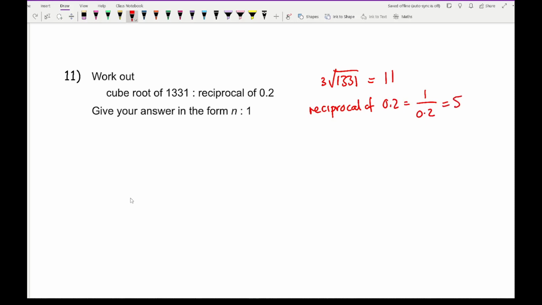So here the ratio then is 11 to 5. Now I want the ratio of n to 1. So that means I need to turn the second number into 1, so I need to divide by 5. So I need to divide this number by 5. And that becomes 11 divided by 5, which is 2.2. And there is my final answer.